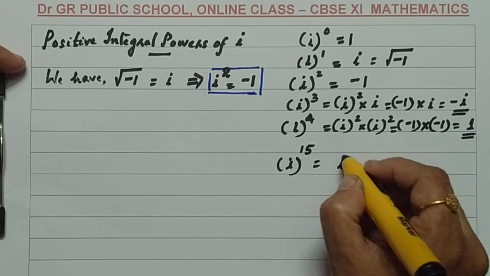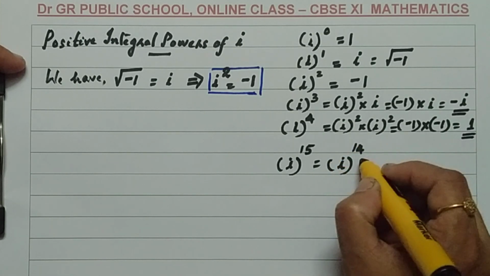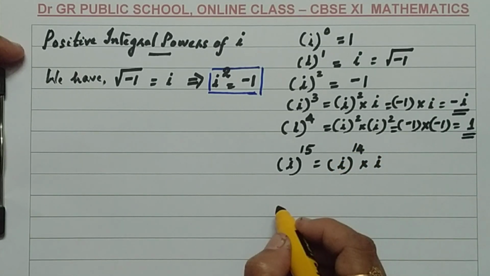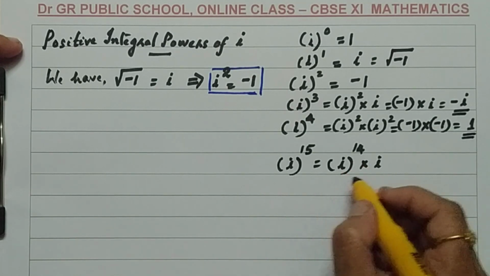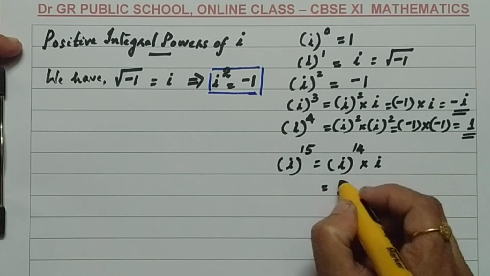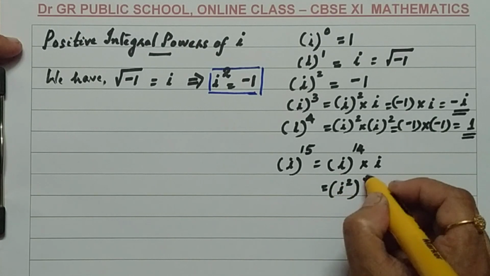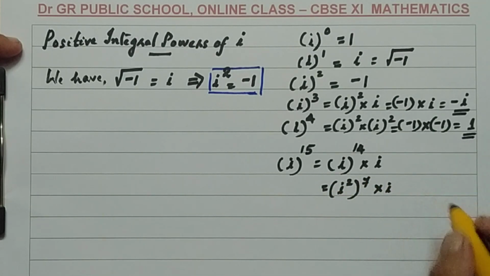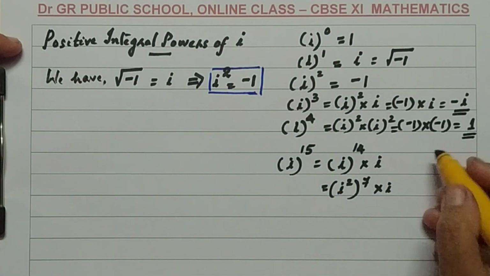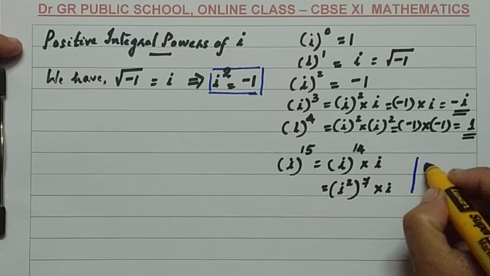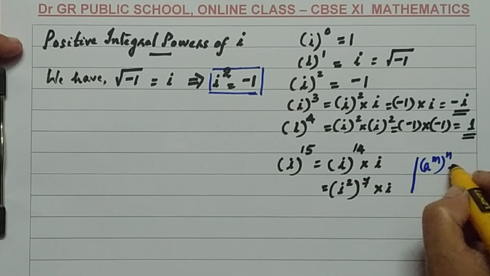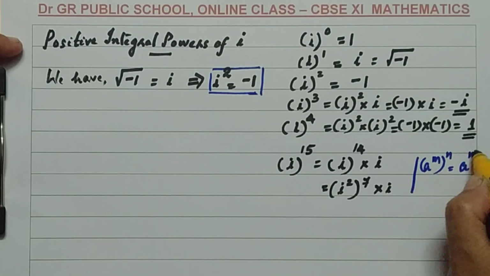we can write as i raised to 14 into i. Why? Because i raised to 14 can be written as i square the whole raised to 7 into i. What is the reason? a raised to m the whole raised to n can be written as a raised to m into n. The powers we can multiply together.